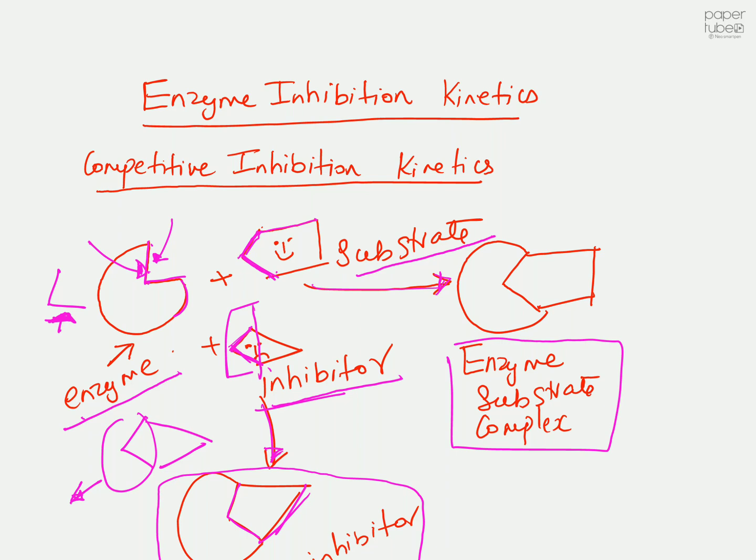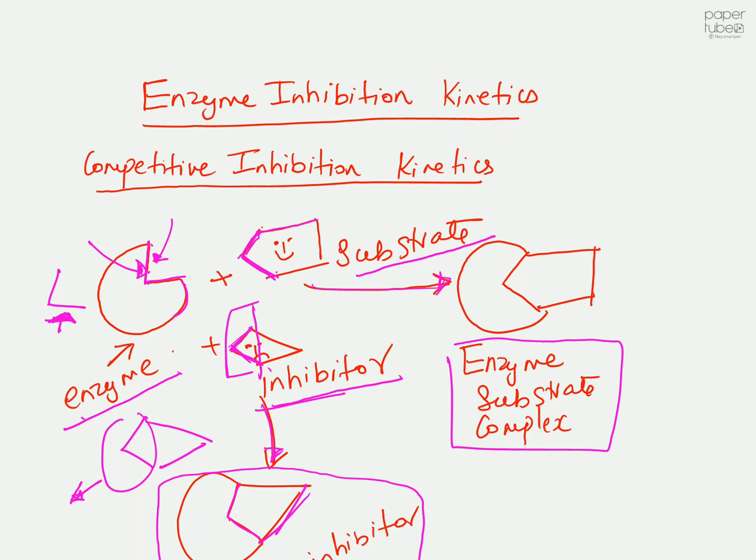Once this inhibitor attacks your enzyme and makes an enzyme inhibitor complex, obviously it's going to decrease the rate of your enzymatic reaction. How the rate expression will look, that's what you are going to derive. If you don't have an inhibitor, you know how to deal with a normal enzymatic reaction. We already solved the mechanism and kinetics following a set of assumptions: you have an enzyme, you have a substrate, they make an enzyme substrate complex, and it is a reversible reaction, and the concentration of enzyme substrate complex dictates the rate of the reaction.